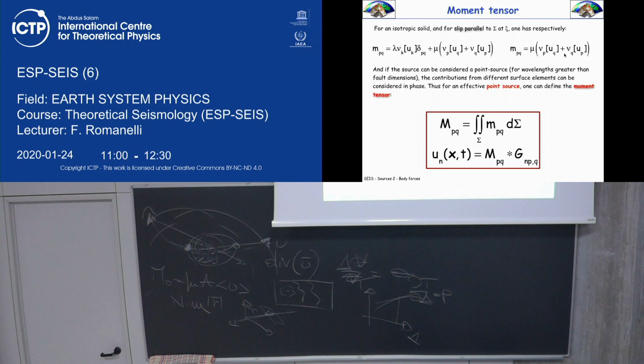So black and white will be distributed exactly in the same way. The symmetry of a moment tensor has the consequence that we cannot distinguish between the real fault plane and the other one that is called the auxiliary plane. We cannot, just using radiation and polarities.